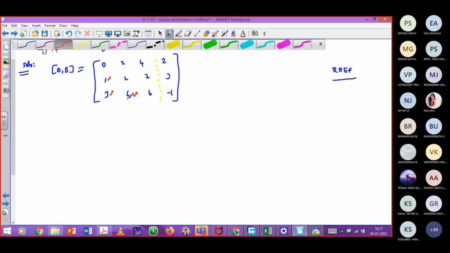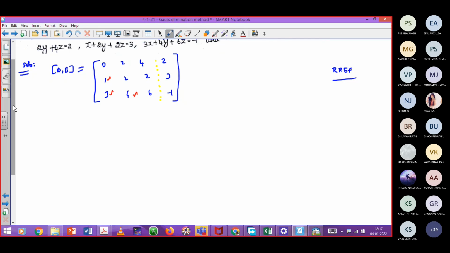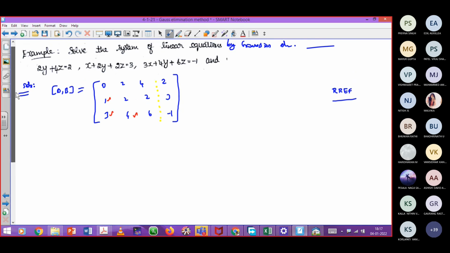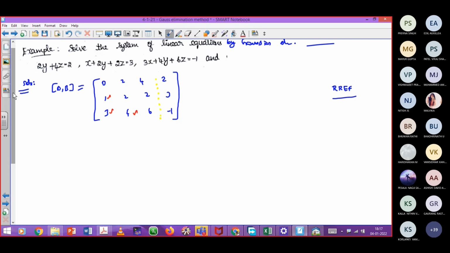These are the elements below the diagonal. They have to be converted to zeros using elementary row operations, not elementary column operations. You are not allowed to change any columns here; you are allowed to make changes row-wise.